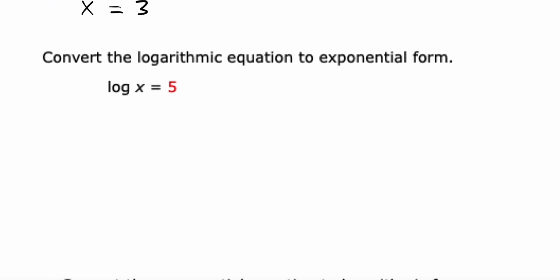Okay, let's try this one. Convert the logarithmic equation to exponential form. So here, a base isn't given. But if it's not given, then we have to assume that the base is 10 by default. So we can rewrite this then as log base 10 of x equals 5.